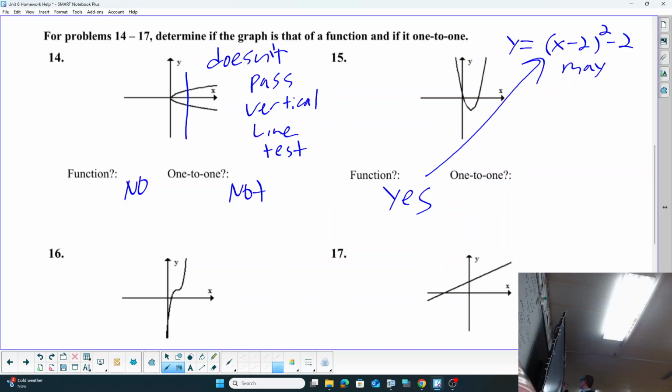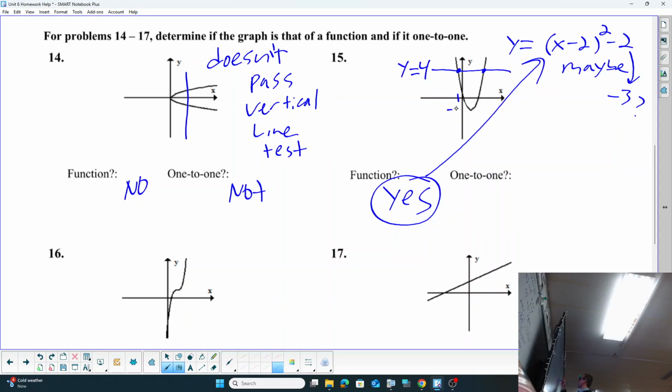Maybe that's a 3, I don't know. So yes, it's a function, but one-to-one? Well, the problem is that at 2 coordinates you have the same y value, for example. So you have a y value there and a y value there.